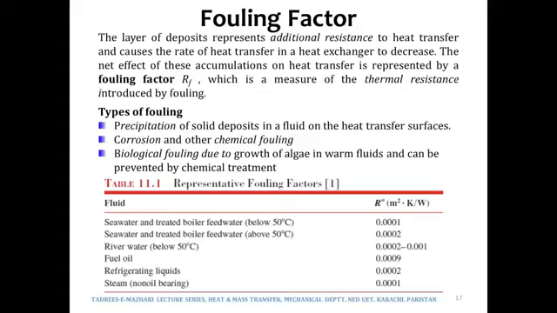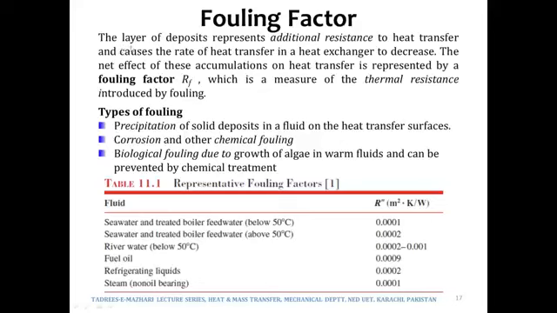So fouling is something undesirable, but it cannot be avoided. Fouling will take place with time, of course, but we need to clean it over time as well.